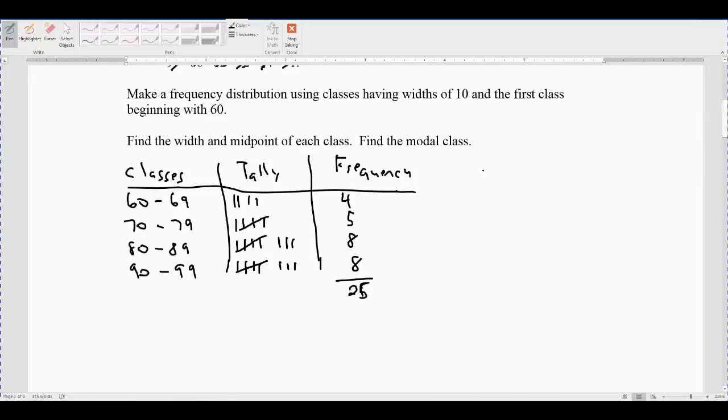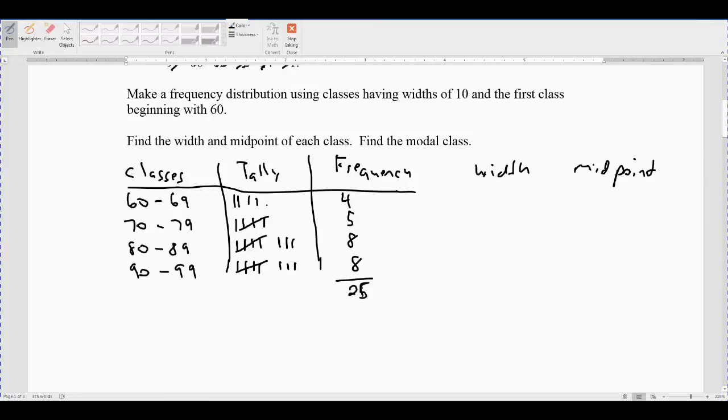I'm going to come over here. This is not part of the frequency distribution. I'm just going to use it in column form to make it a little easier to write the answers down. It's not part of the actual distribution. We want to find the width and the midpoint of each class.